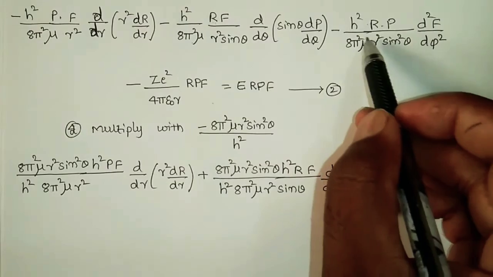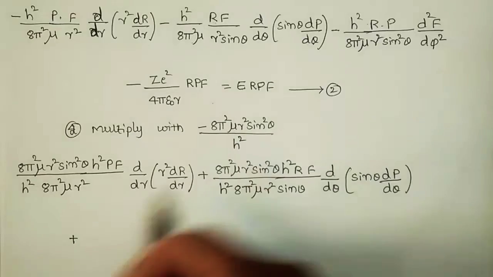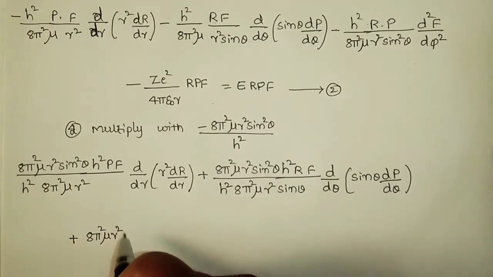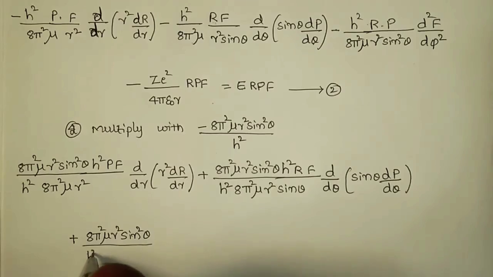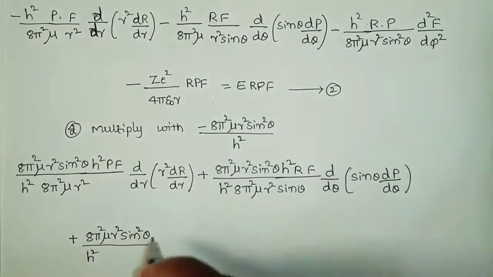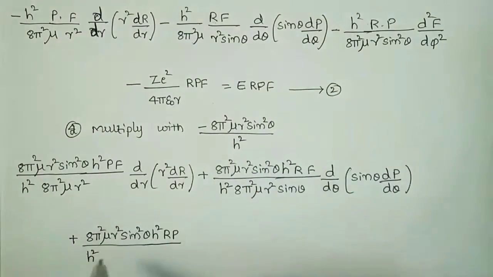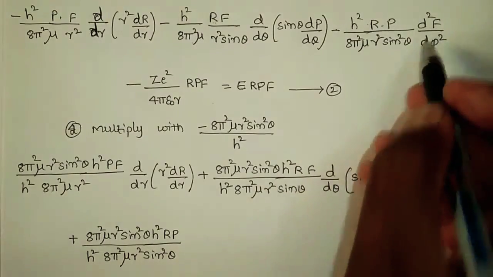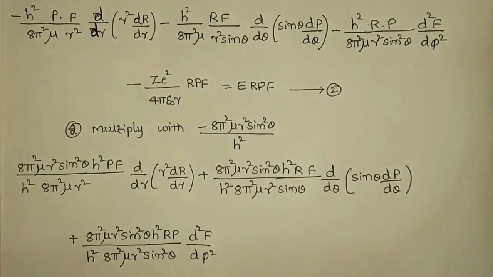And in the third term, here also minus into minus will become plus. So again I'll write the same part, 8 pi square mu r square sine square theta whole divided by h square, and here we have h square r p at the numerator, and at the denominator we have 8 pi square mu r square sine square theta, and d square f by d phi square.